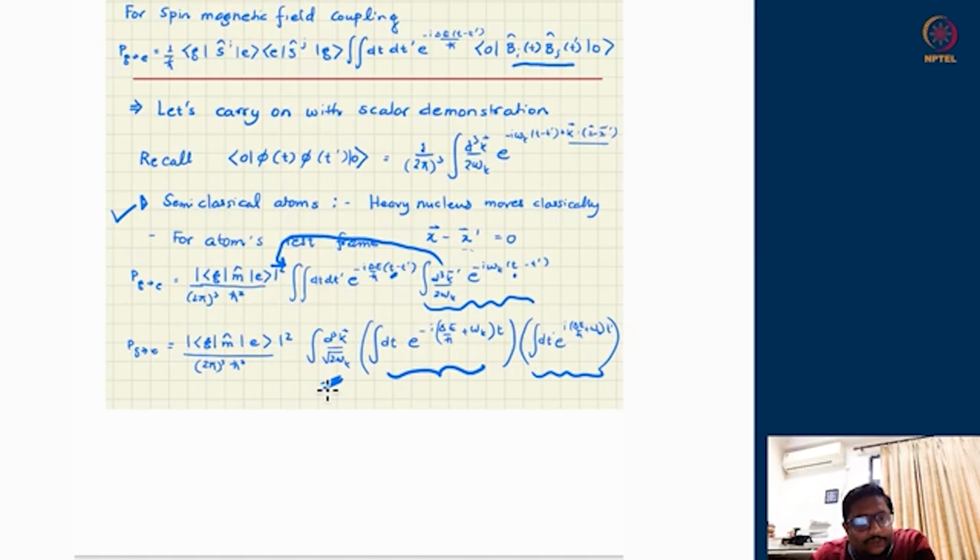Okay, so that's what we move ahead to, and let us compute the one integral and its mod square, and find out the transition probability for an inertial atom, let us say, which is at rest.